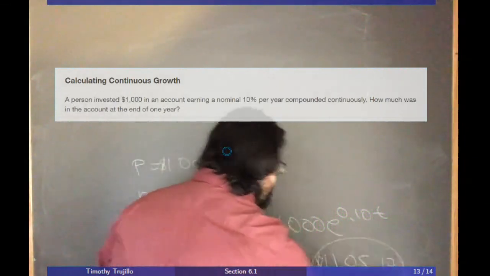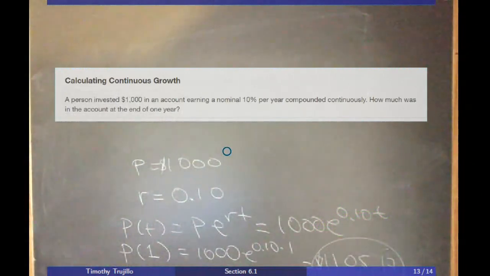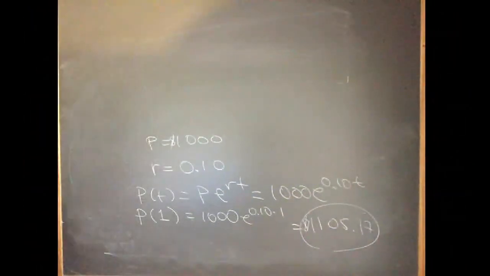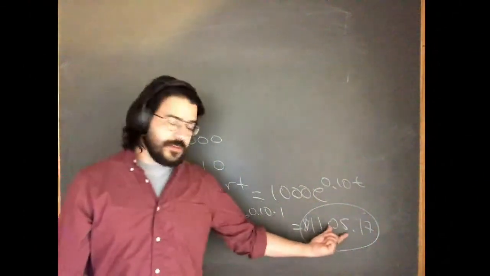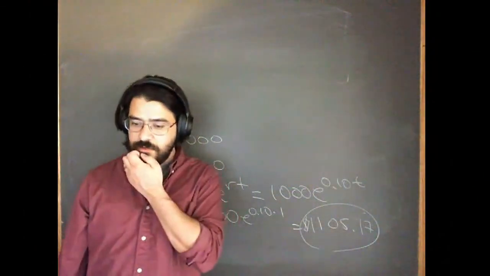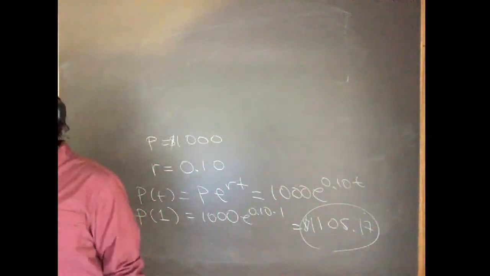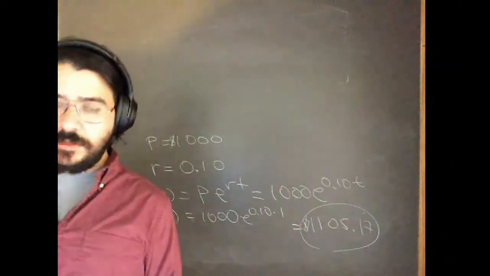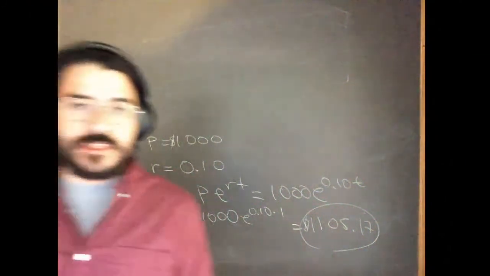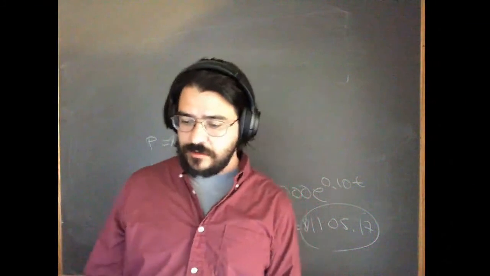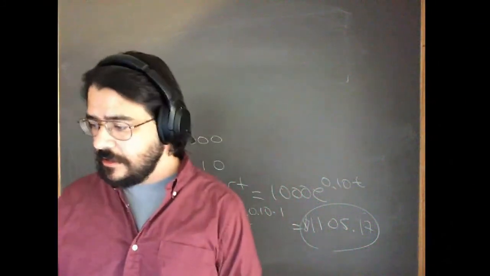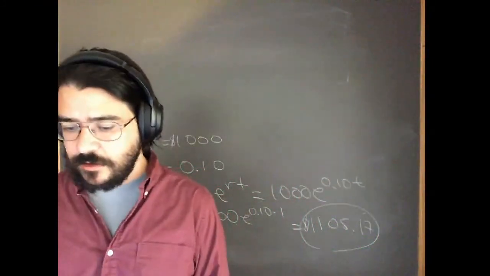Okay, so your investment would grow from $1,000 to $1,105.17. So you'd make $105.17 over that 1 year if you were to leave your money in this account, right? And this is basically how a lot of bank accounts work. Typically you won't get 10%, but something much smaller than that.